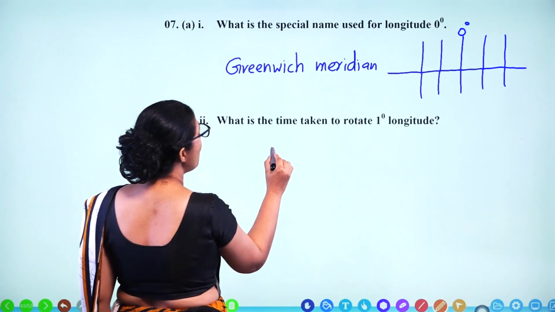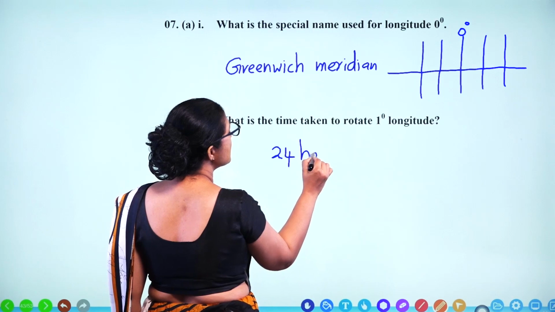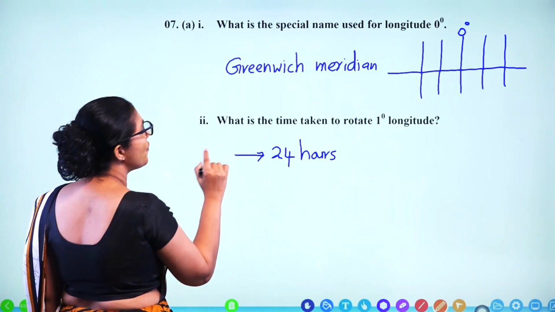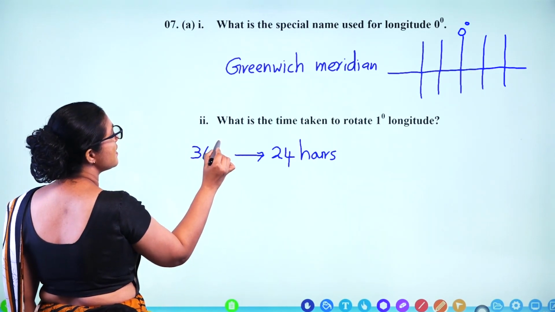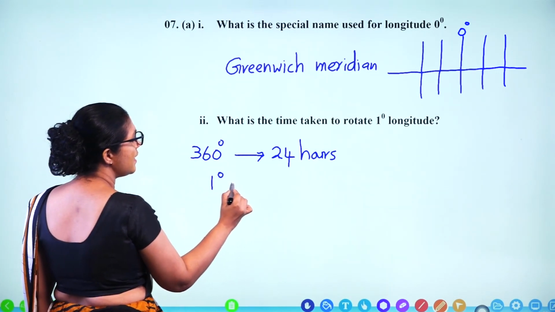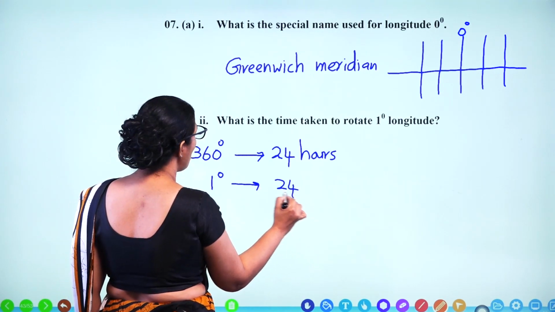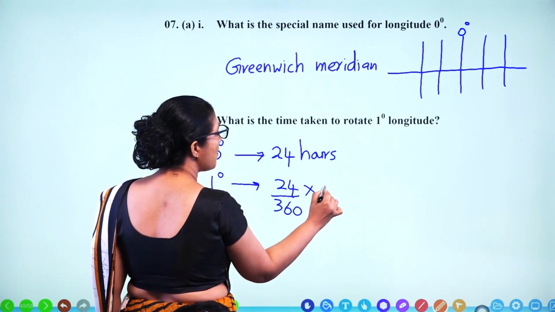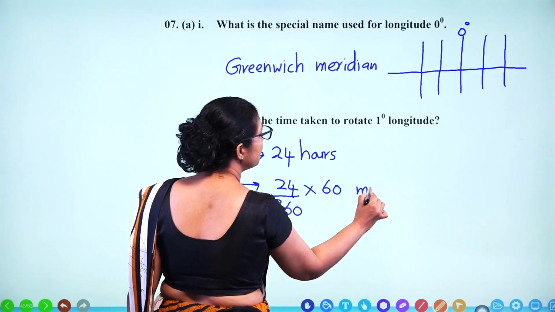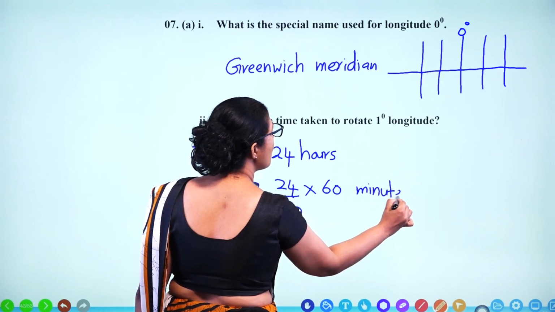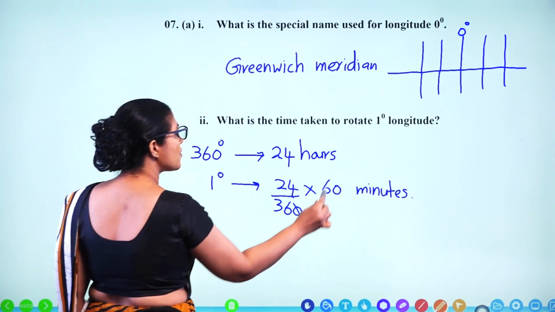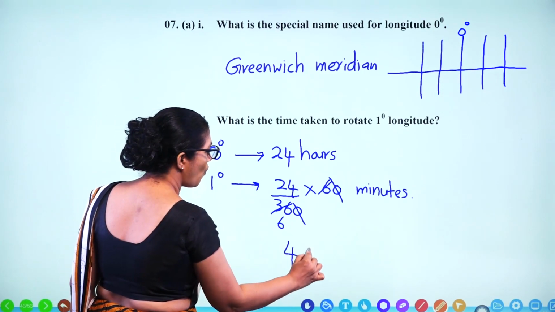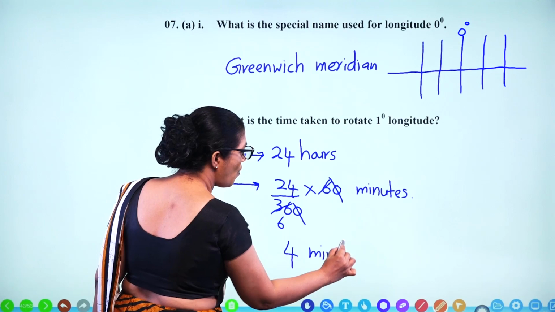So 24 hours taken for 360 degrees. So what about 1 degree? 24 divided by 360. We'll write in minutes. You can multiply by 60, because 60 minutes for 1 hour. 24 times 6, 4. So that's 4 minutes.